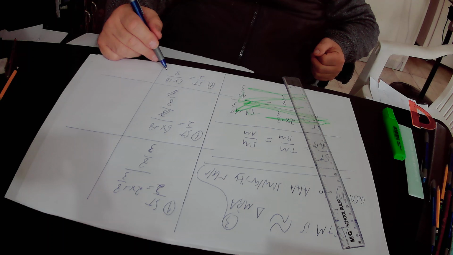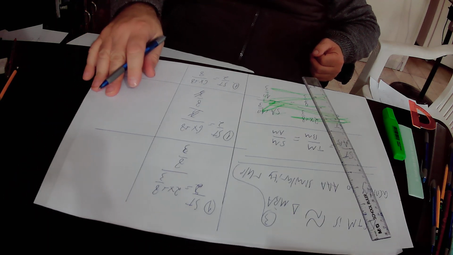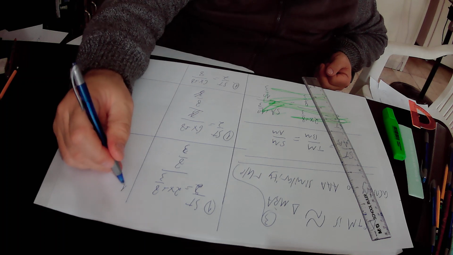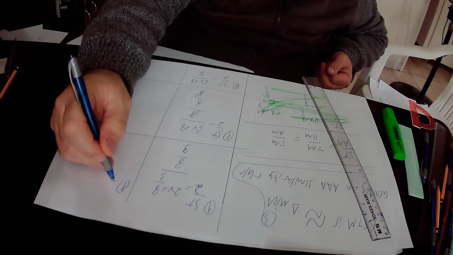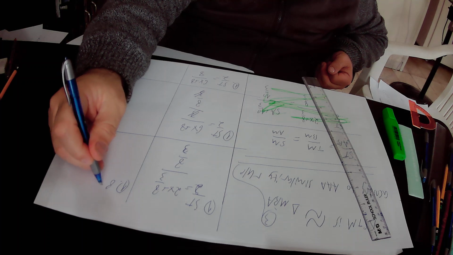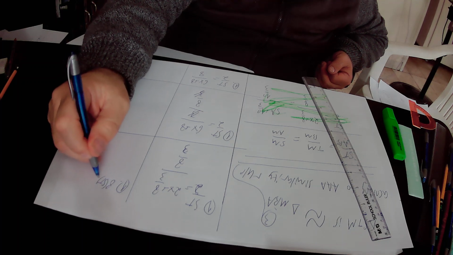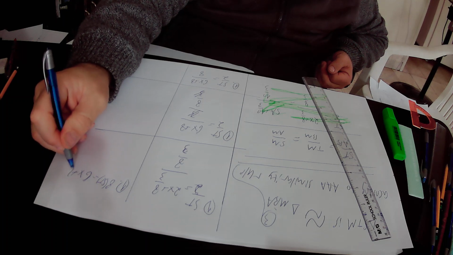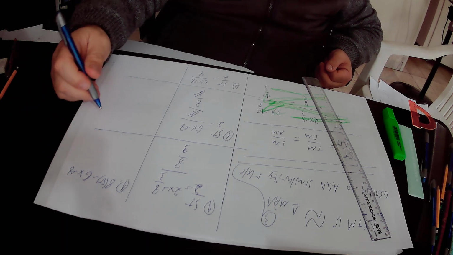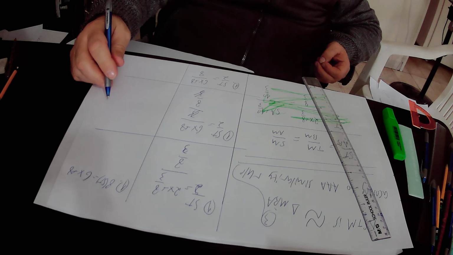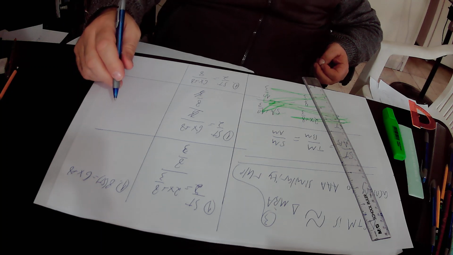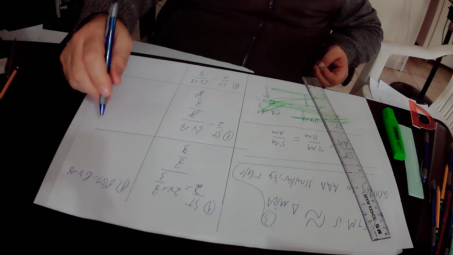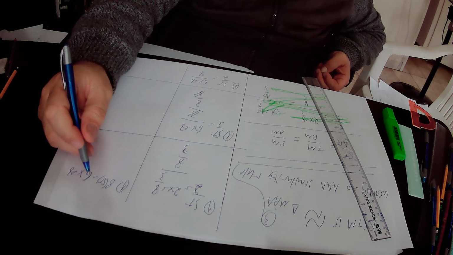So here we'll cross multiply this equation 1, and we'll get that according to equation 1, 8 times ST equals 6x plus 8.